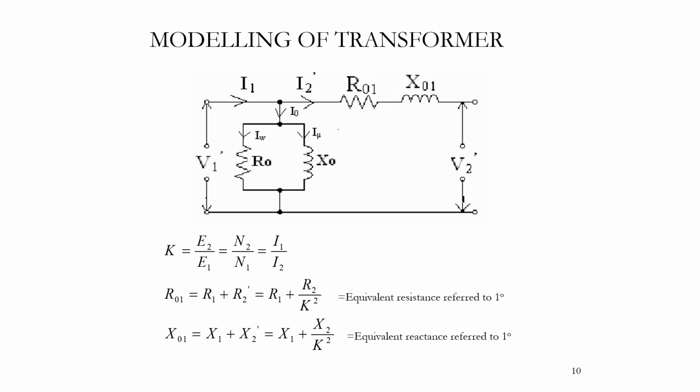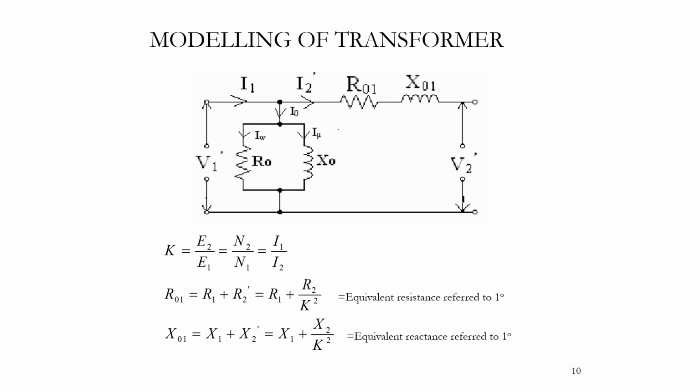Similarly, the secondary voltage and current are V2, I2, and the resistance and reactance are represented as R2 and X2. Here, the secondary components are transferred to the primary side and represented using the transformer ratio. This is V1, and R0 and X0 are nothing but the no-load components.